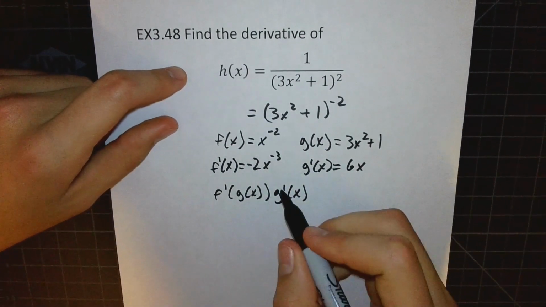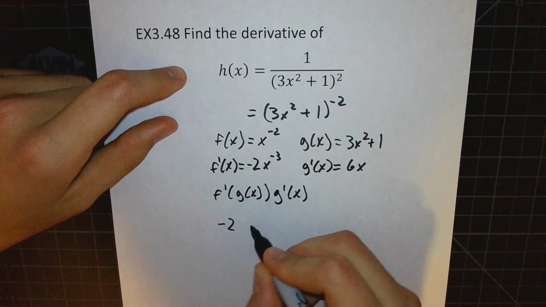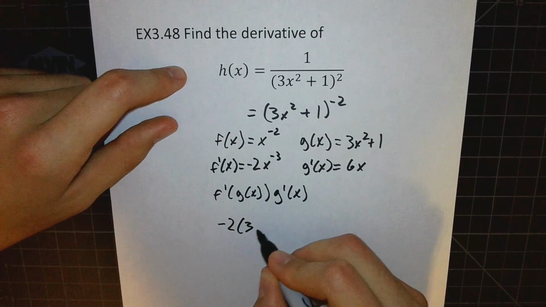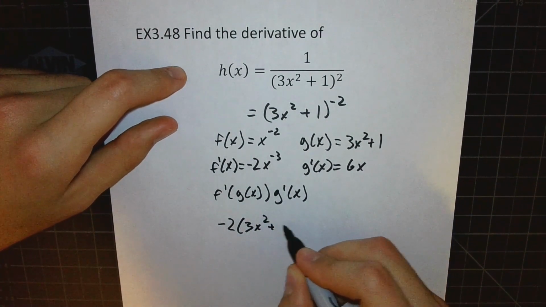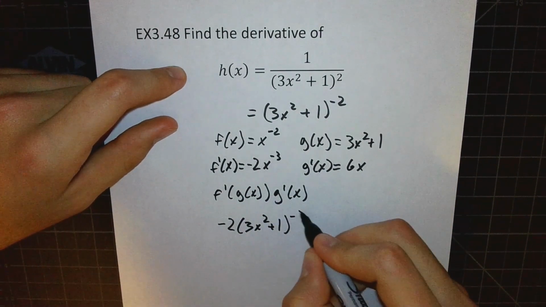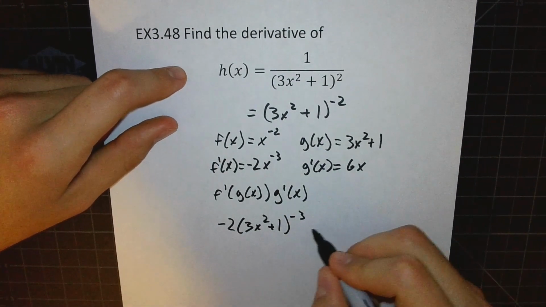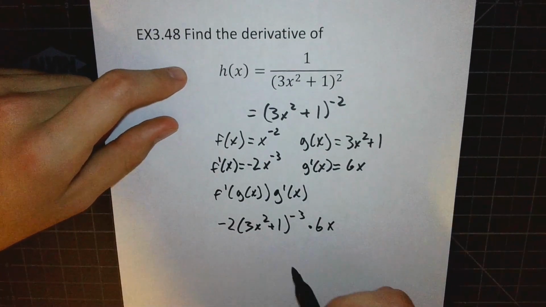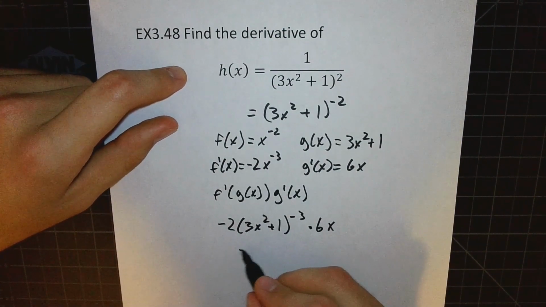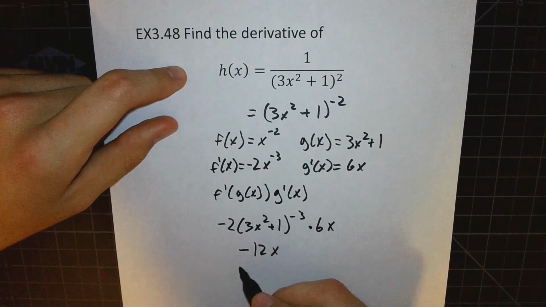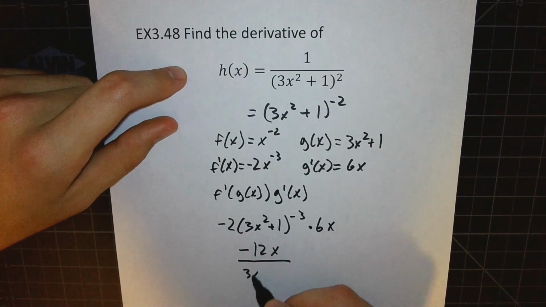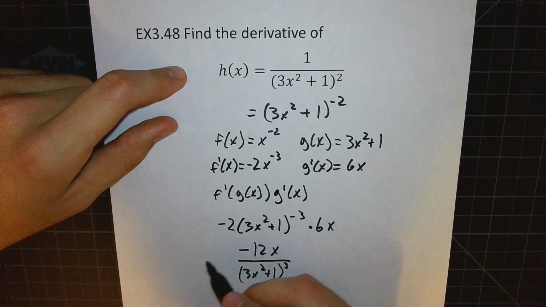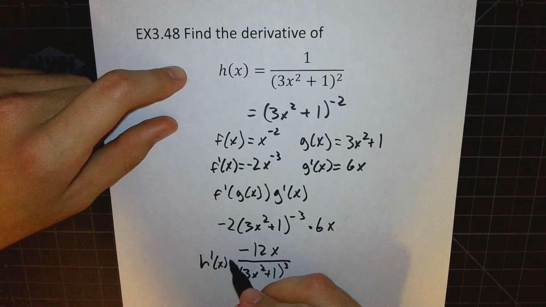So we have our negative 2, and then we'll put our original g of x in there, 3x squared plus 1 to the negative 3 times the derivative of g, which is 6x. We can simplify this, so this is going to be negative 12x all over 3x squared plus 1, the quantity cubed. So this is our answer for h prime of x.